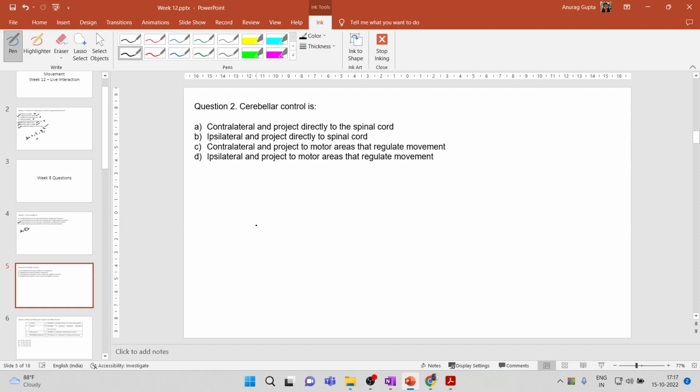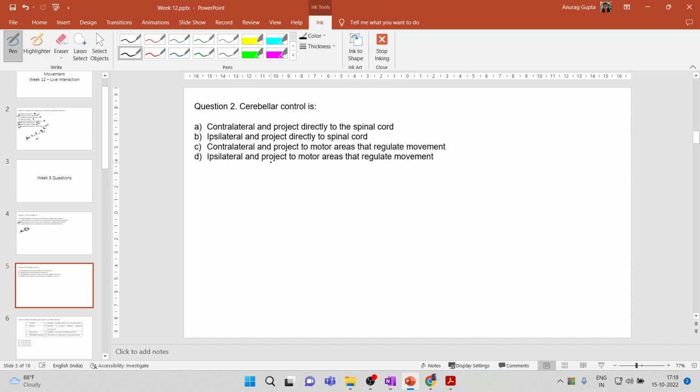However, that is not the case with the cerebellum. In the cerebellum, the control is ipsilateral, that is on the same side. So the right cerebellum is involved in controlling the right side of the body, whereas the left part of the cerebellum is involved in controlling the left side of the body.